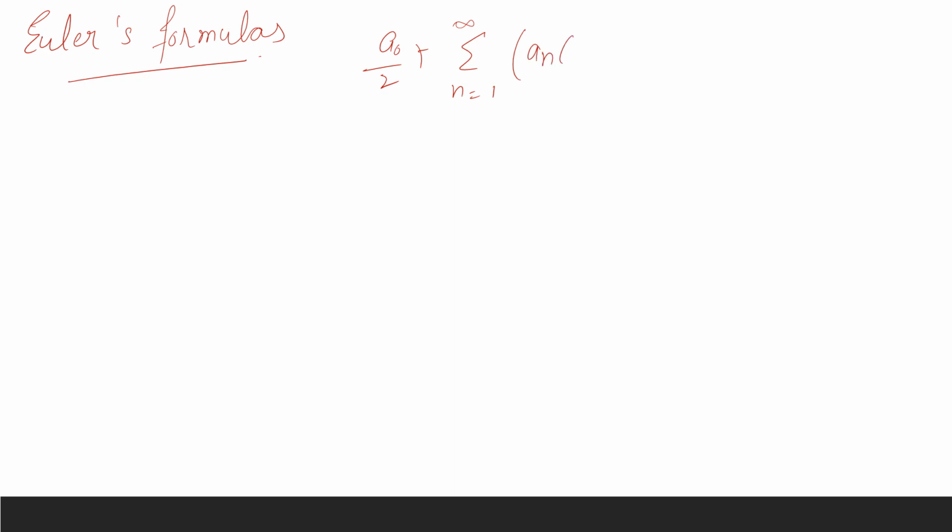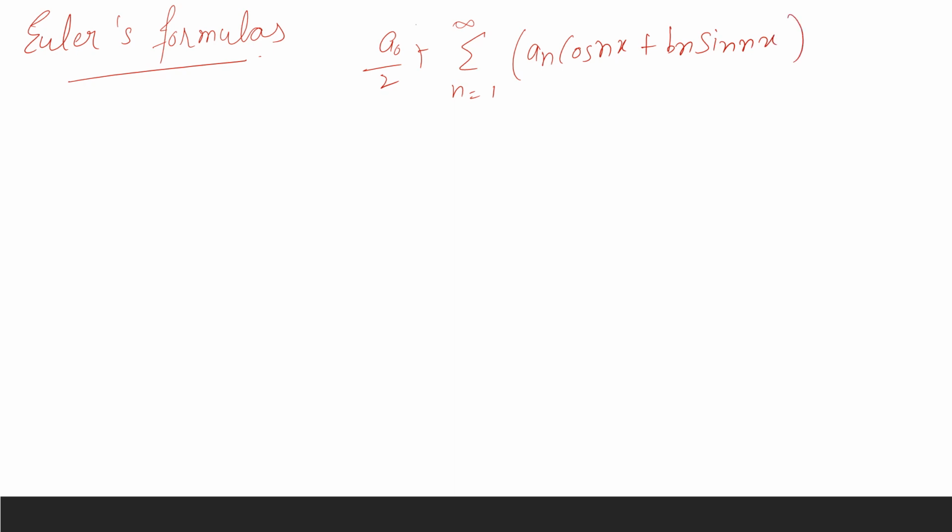Now we are going to learn about Euler's formulas. What are Euler's formulas? According to the definition, the Fourier series is a naught by 2 plus summation n equals 1 to infinity of an cos nx plus bn sin nx.